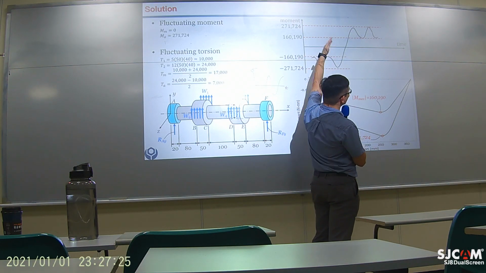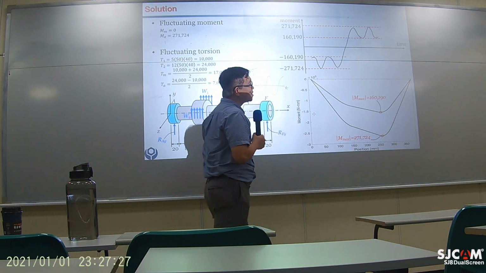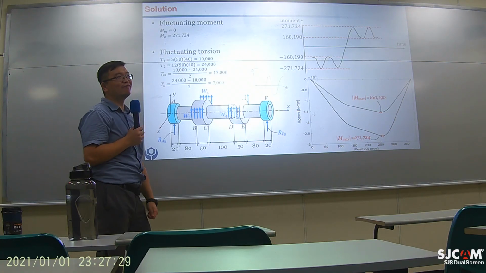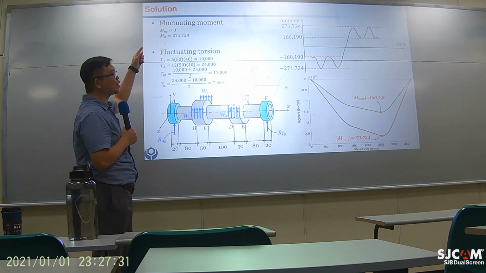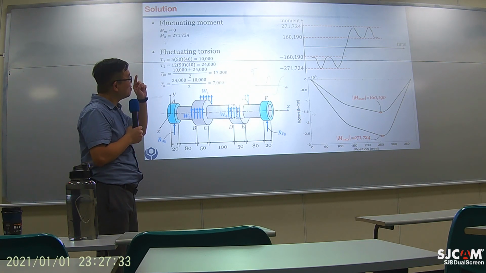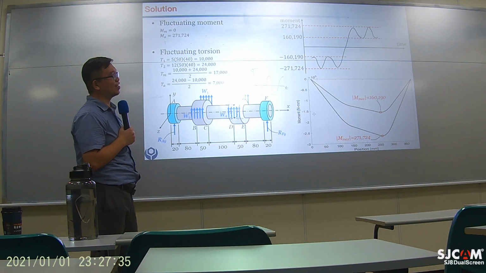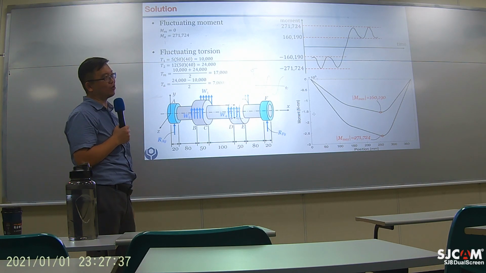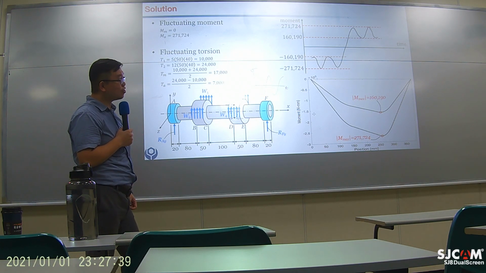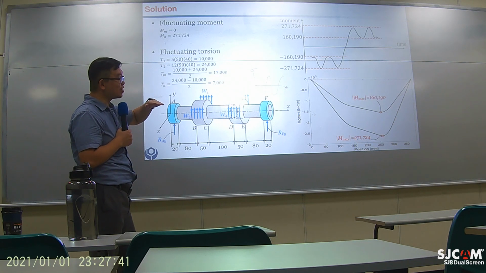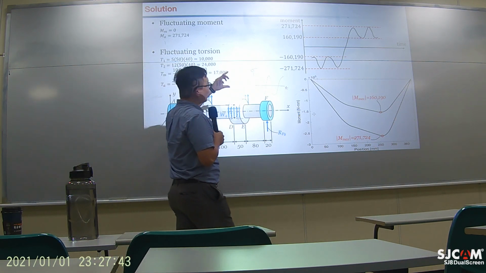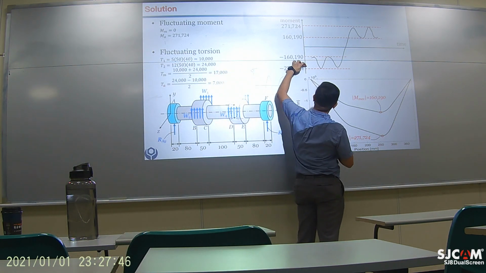So with these two extremes, you can see that the mean of stress is zero. The mean of the moment is zero. If you choose those two as your extreme conditions, the mean is zero and the amplitude is this large.